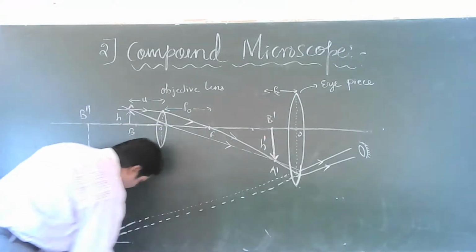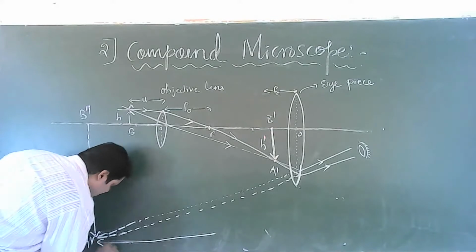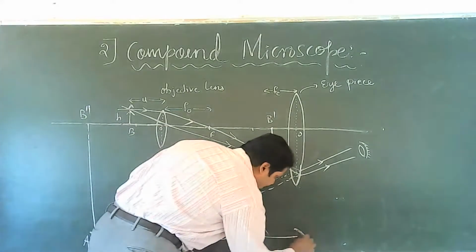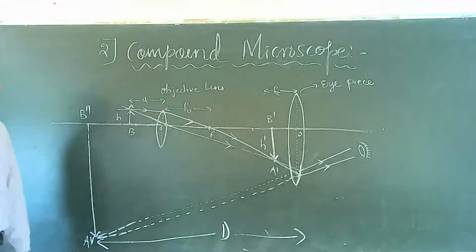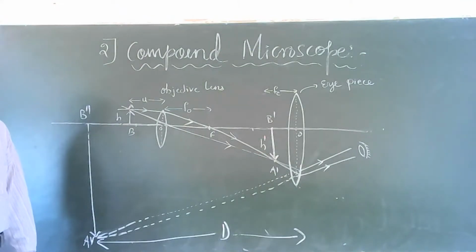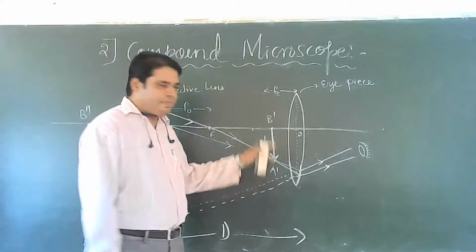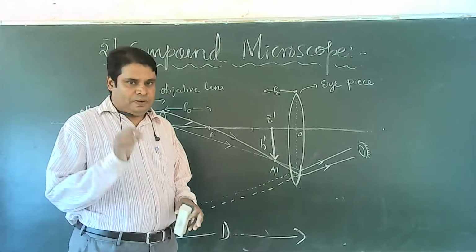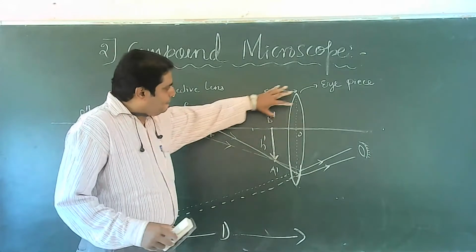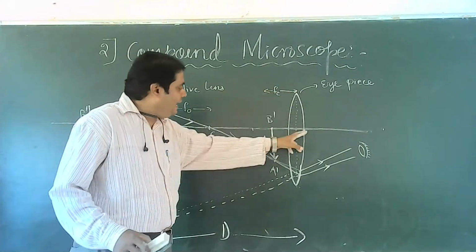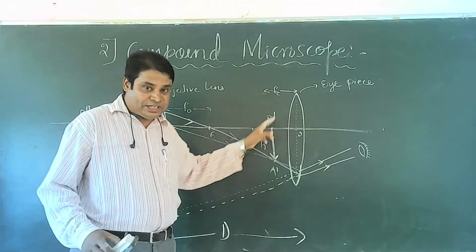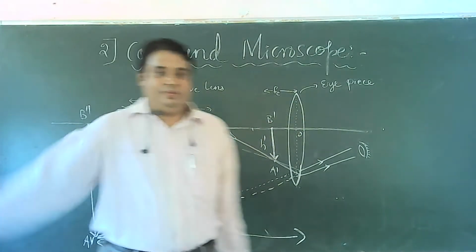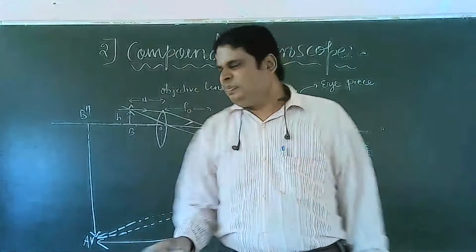Now this distance will be D. Suppose you keep this lens exactly at a distance of f, then your image will form at infinity.